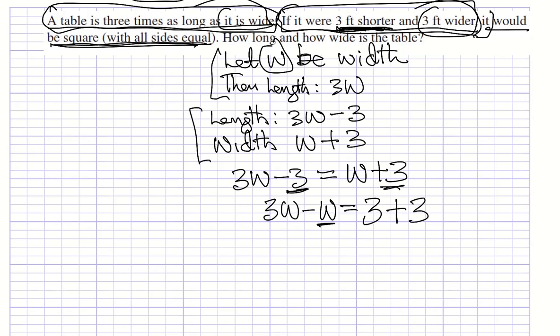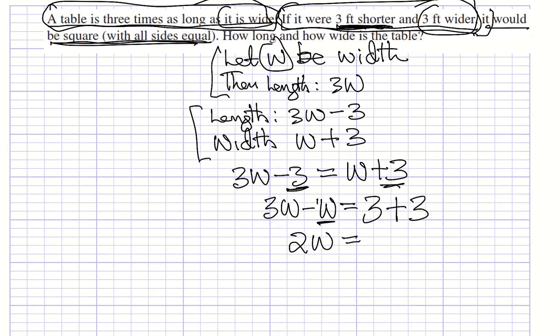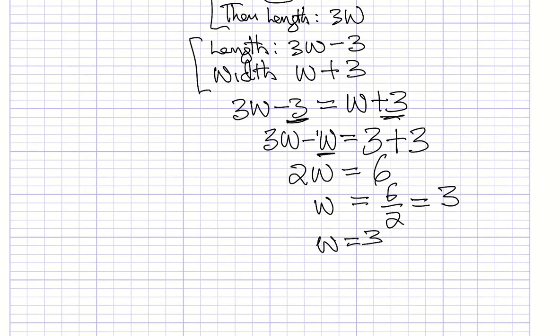So 3W minus W is 2W, equal to 6. You divide by 2, so W is equal to 6 over 2, which is 3. So W is equal to 3. That's all they're saying.